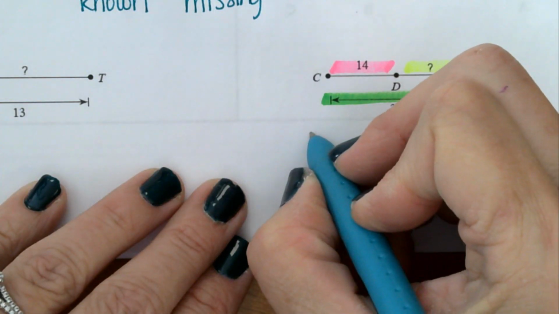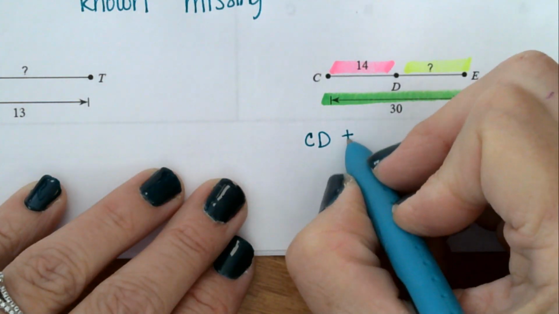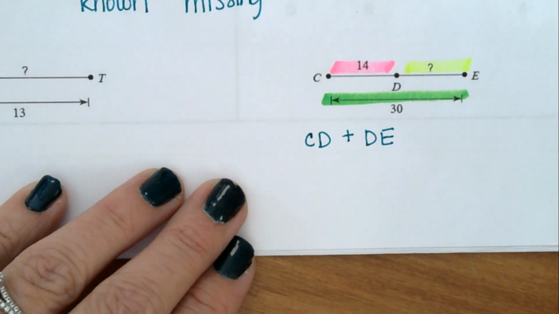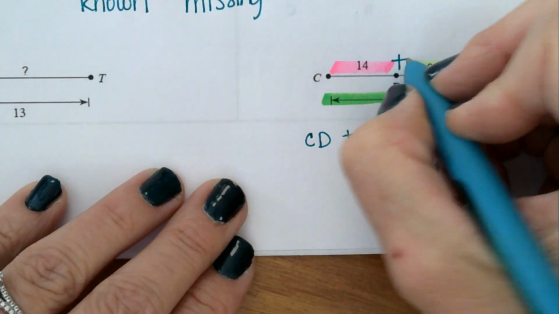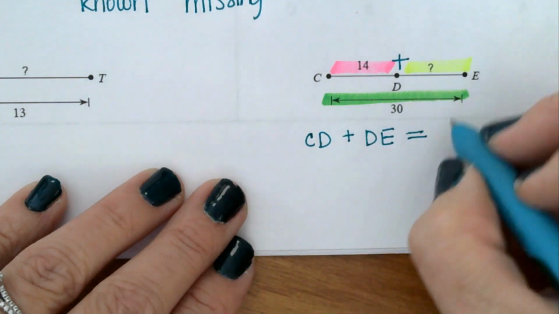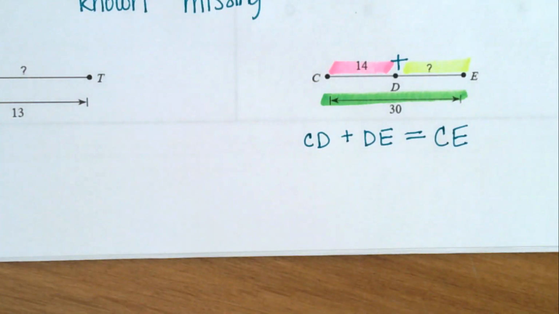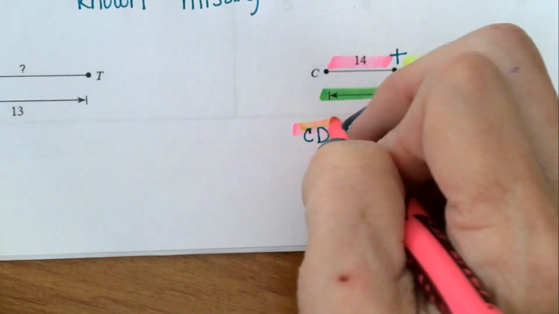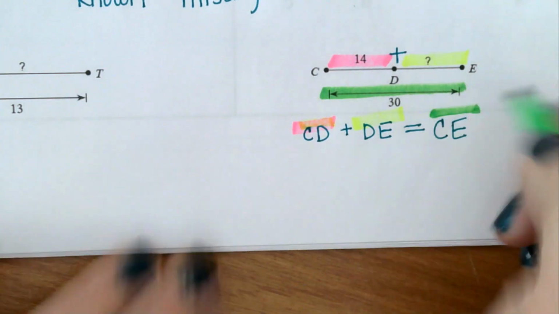Okay, so I have CD, that's one part, plus DE, that's my other part. And if I add these together, I get the big part, which is CE. Okay, you can still color code it if you want. Oh, that's pink, that's yellow, that's green. Okay.